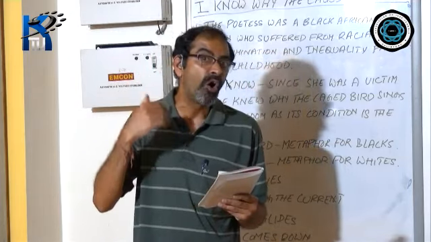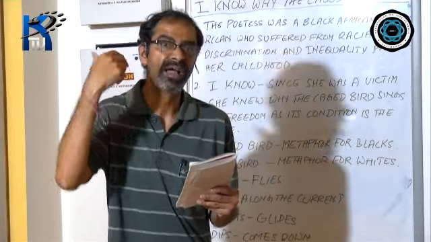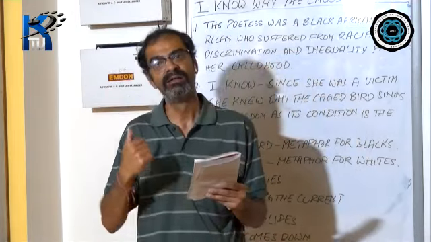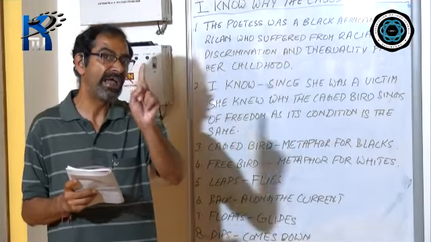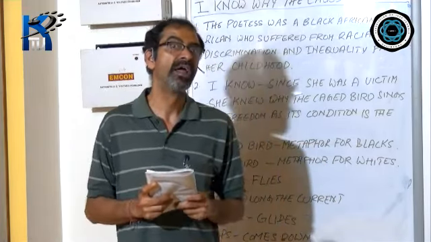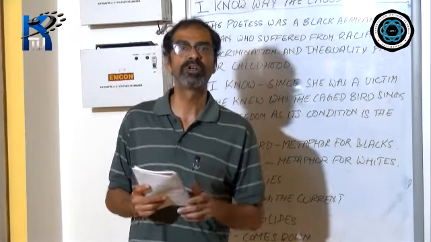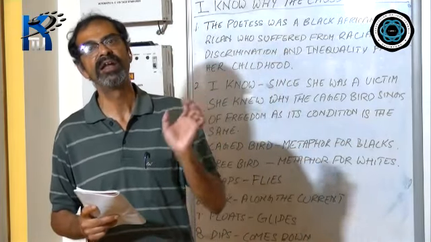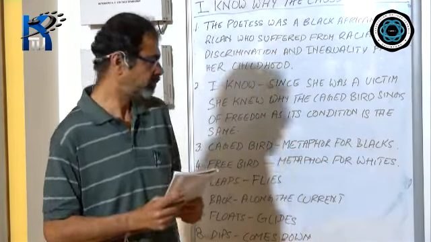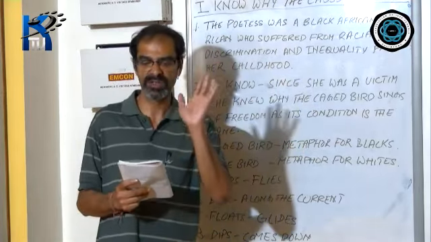And the words also bring out the contrast between the caged bird and the free bird. So I will also highlight those words which are important for you in the examination, and most importantly, why are they important from the examination point of view. So let us move on to the first stanza.